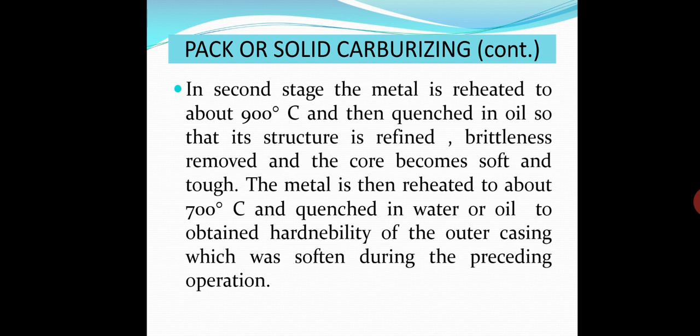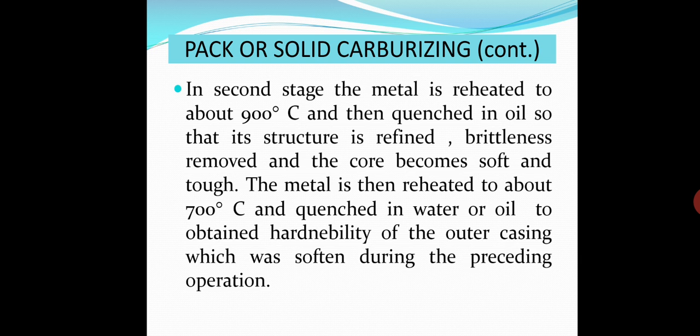But this time it is quenched in oil. Remember, quenching in oil produces a very high rate of cooling. With a very high rate of cooling, its structure is refined, brittleness is removed, and the core becomes soft and tough.